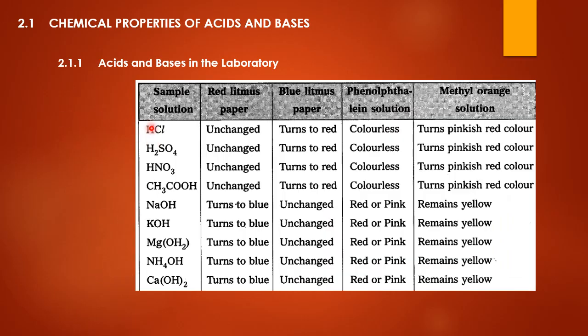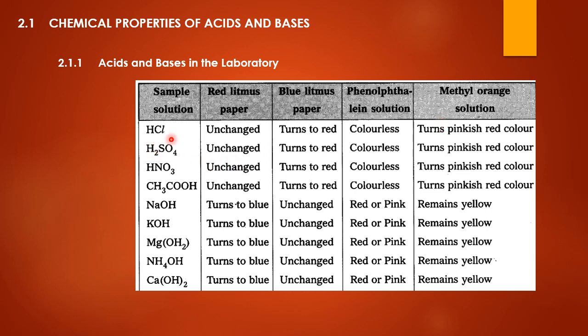These are the properties of acid and base at a glance. All together are kept over here. Acid or base solutions, effect with red litmus paper, with blue litmus paper, effect with phenolphthalein solution, and then methyl orange solution. Methyl orange is also another synthetic indicator.